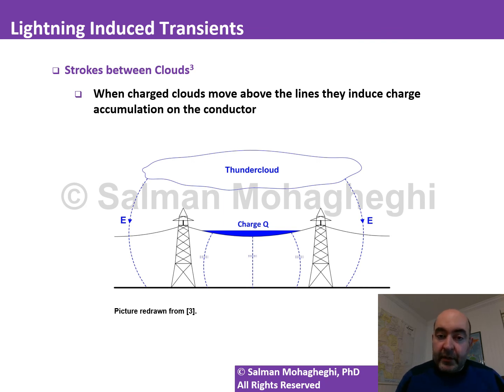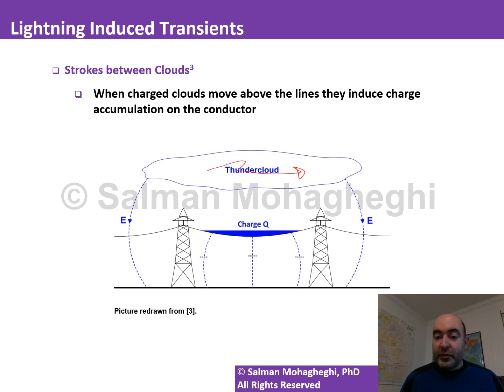The final scenario involves a situation where the lightning actually doesn't hit the ground at all. What happens is you're going to have clouds that are electrically charged over the transmission lines. As a result of that charge accumulation in the cloud, you're going to have opposite charges accumulated on the transmission line and the structures underneath. When there is a lightning stroke inside the cloud, like between the clouds themselves, the charges in the cloud will suddenly neutralize.